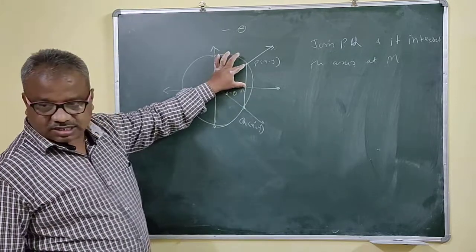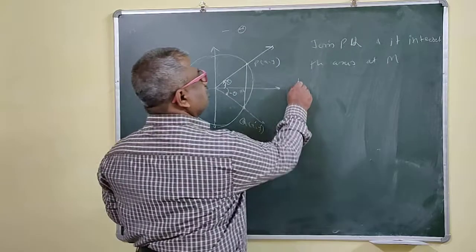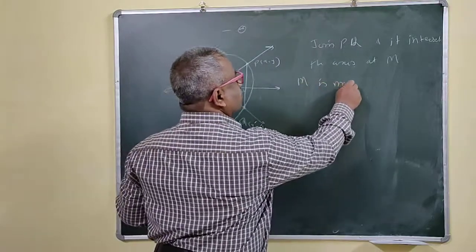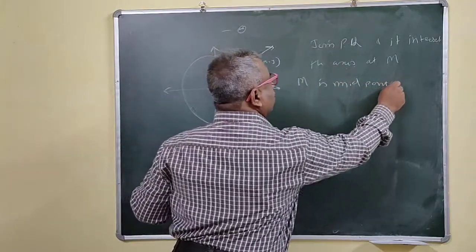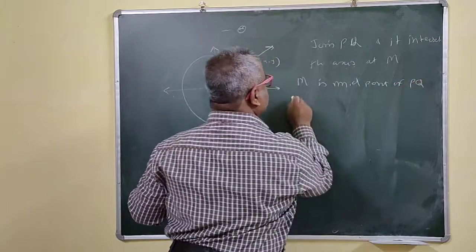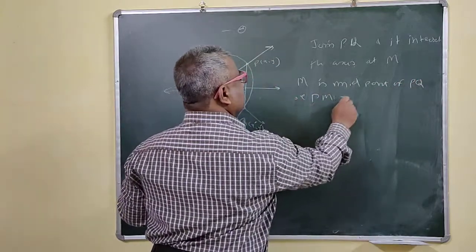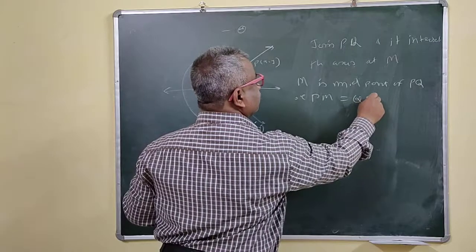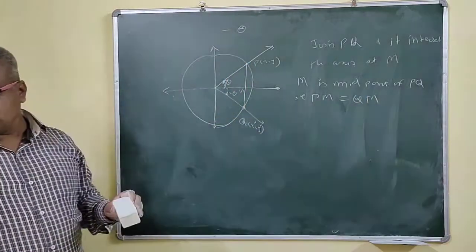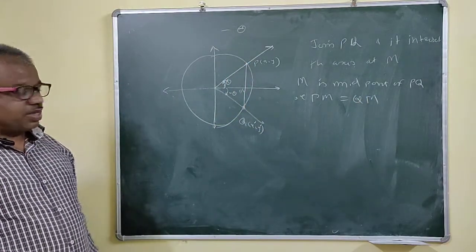This distance and this distance are the same. Then M is the midpoint of PQ, that is, PM is equal to QM.